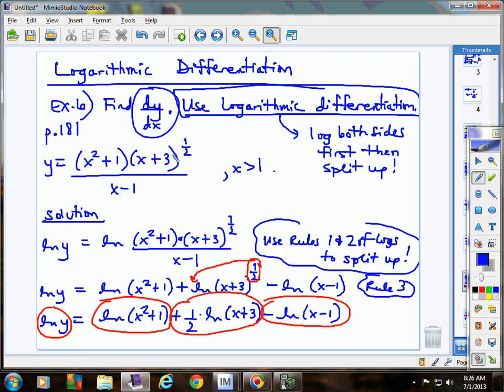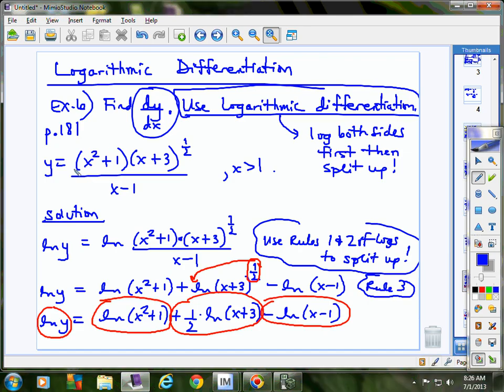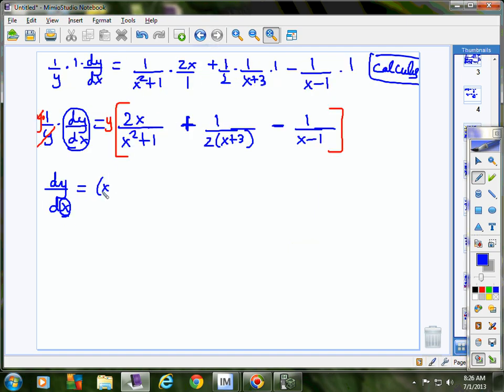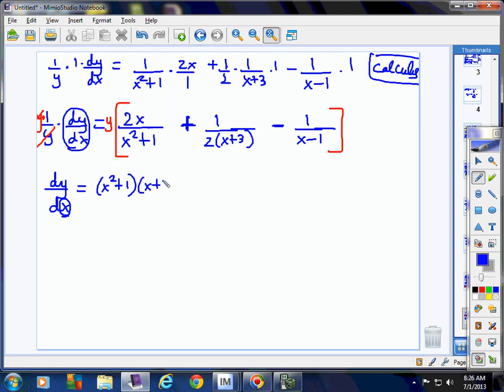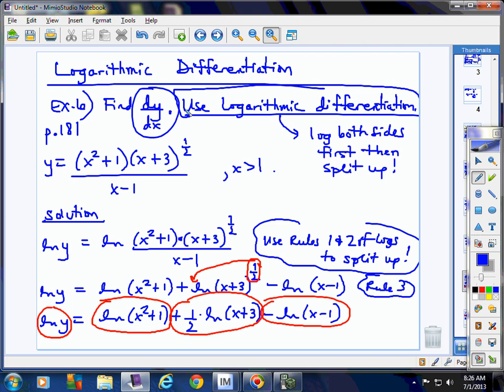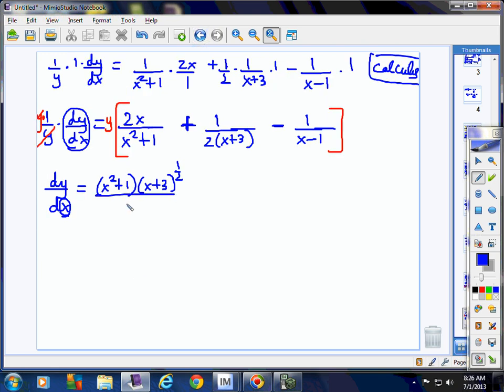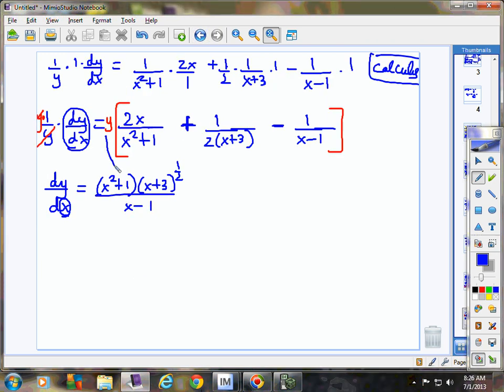We're going to take out our y, and we're going to put in x squared plus 1, x plus 3 to the 1/2, x minus 1. Okay, that's y. All that's y, right? Then we bring the rest of this stuff down. No changes.